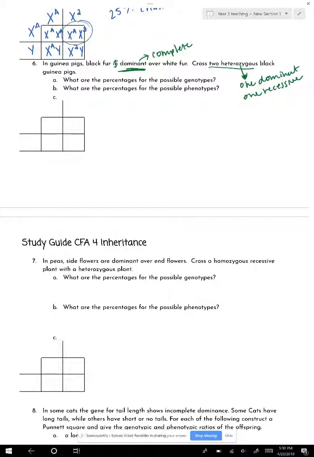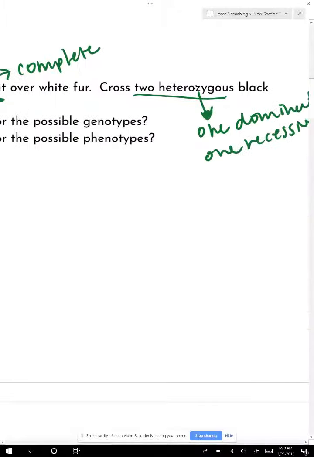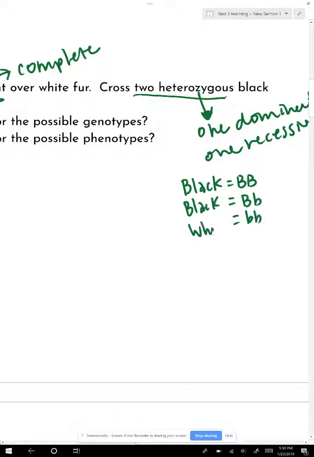So I have a list of my few, right? So for these guinea pigs, I have black, which is going to be BB. I have another black guinea pig, and then I would have my white guinea pig. So that would be my deal on there. So they're telling me to cross one dominant, one recessive, which is this guy, right?